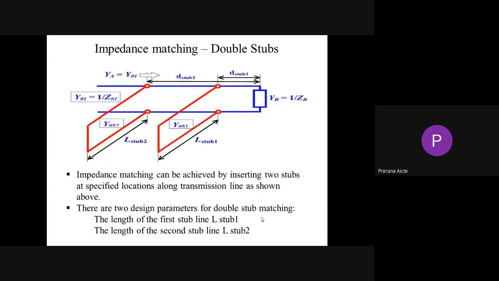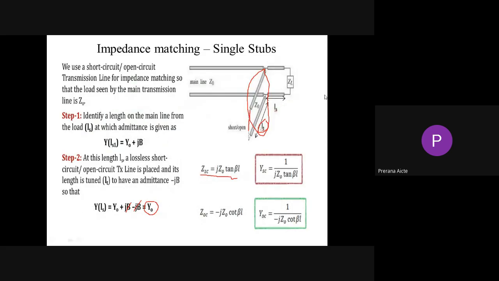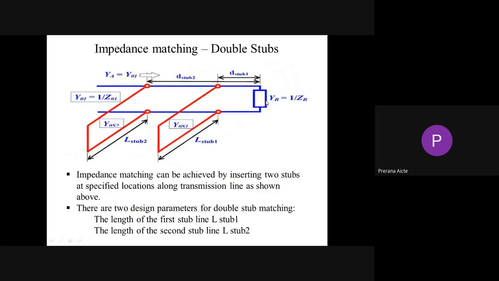Next, here we can use only one stub. Suppose impedance matching cannot be achieved with one stub, then we can use one more stub, that is double stub matching. That is, we can use two stubs at two different distances from the load side, not from the source.